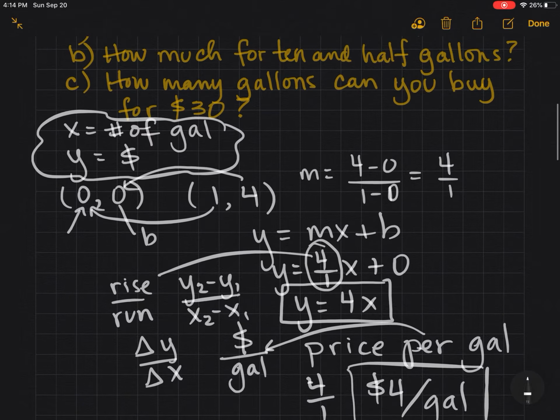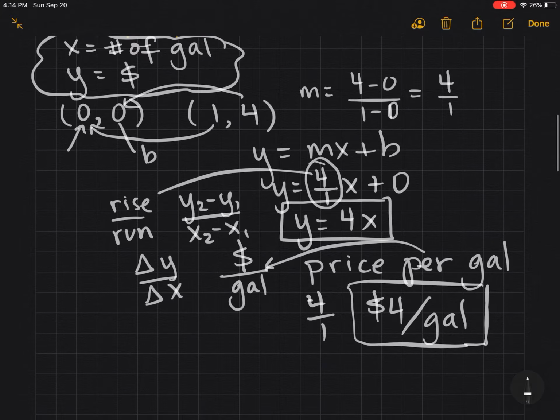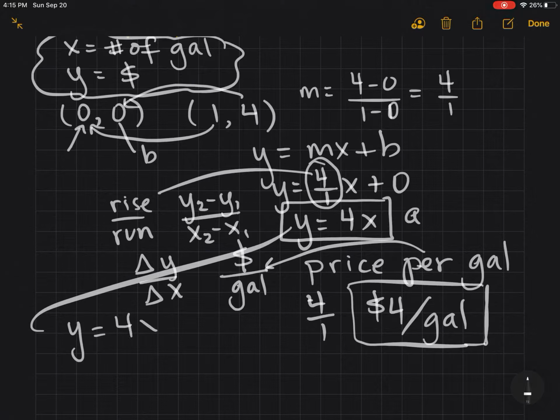Part B says how much for 10.5 gallons. So our answer to part A was right here. So we can take this and plug in 10.5 for the number of gallons. Remember, x is the number of gallons. So I'm going to plug x in as 10.5.